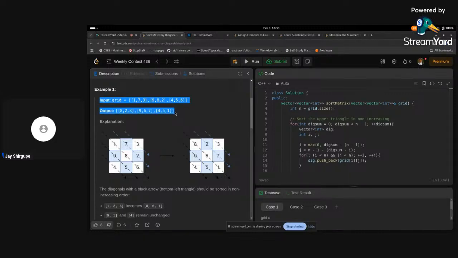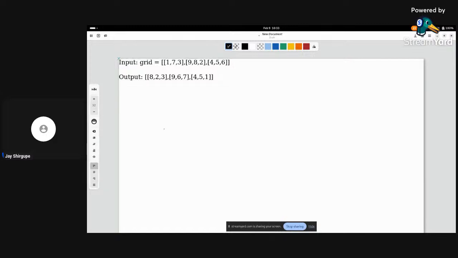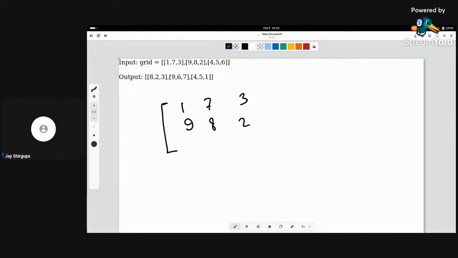So let's look at the sample test case. In the first sample test case, we were given this grid: 1, 7, 3, 9, 8, 2, and 4, 5, 6.